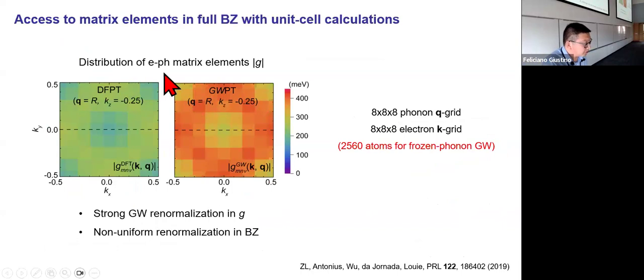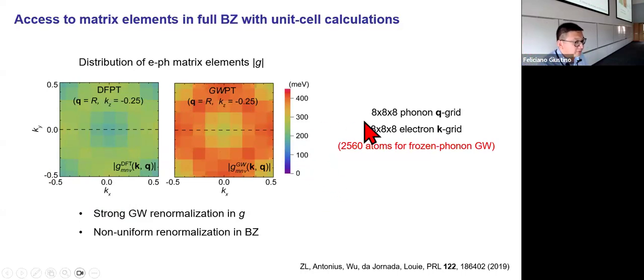So this is a distribution of the electron-phonon matrix element, the magnitude of g, calculated using DFPT and GWPT for a particular phonon q and a particular kz slice. We are looking at the distribution over kx and ky. And you see we can access all the Brillouin zone information, and each dot represents a calculation of a single unit cell.